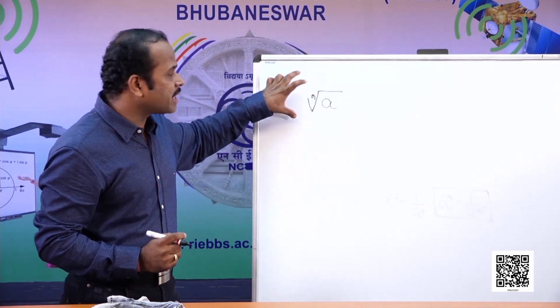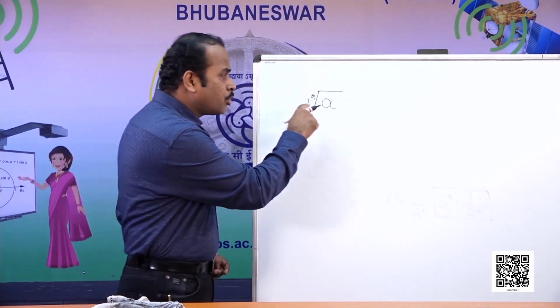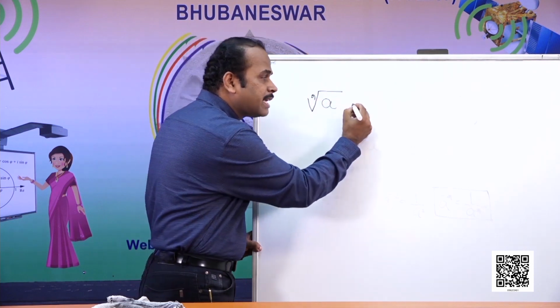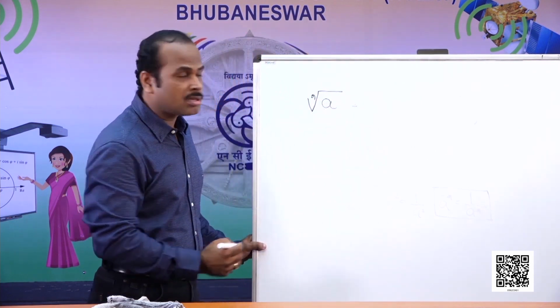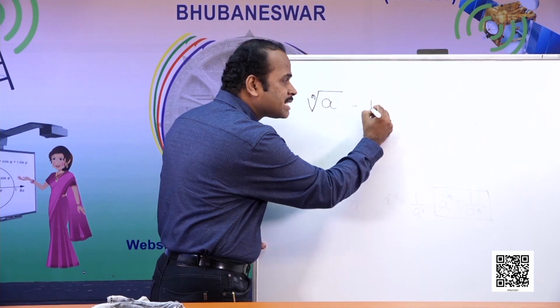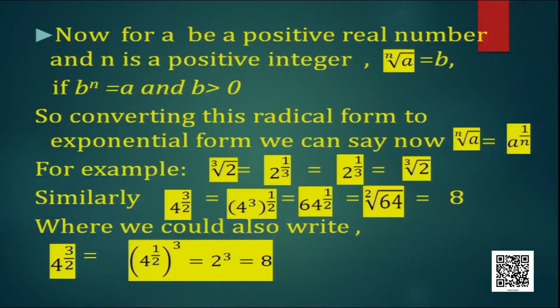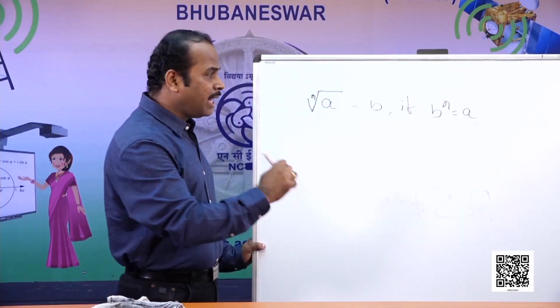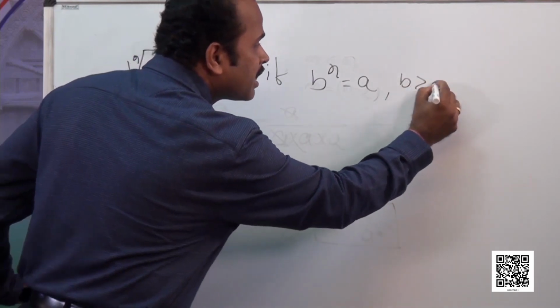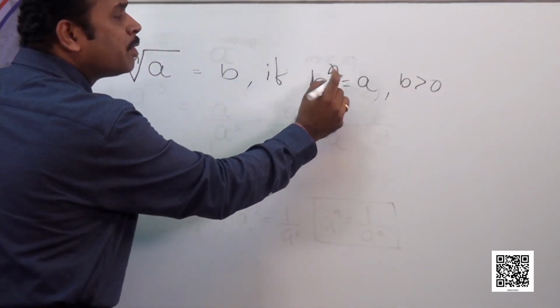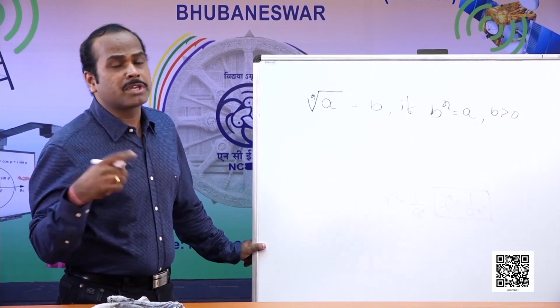Let us discuss this nth root of a. This value will be expressed as b if b to the power n equal to a and b must be greater than 0.